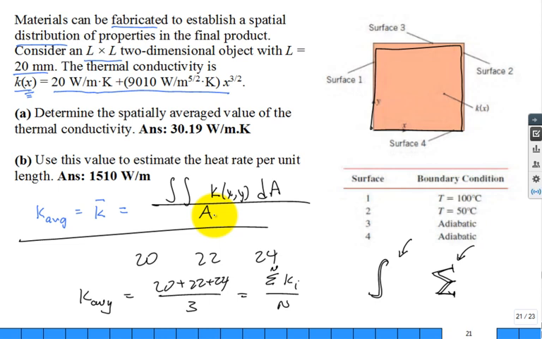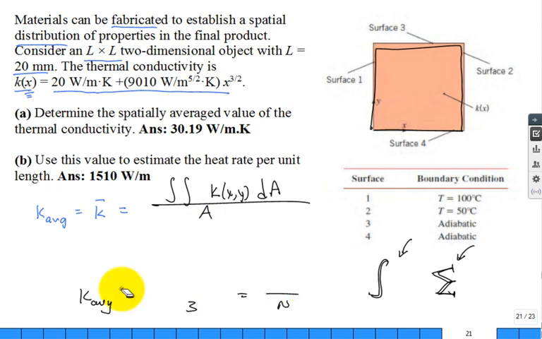Somebody says, let's work this out a little more, because I can see that K is only a function of x.